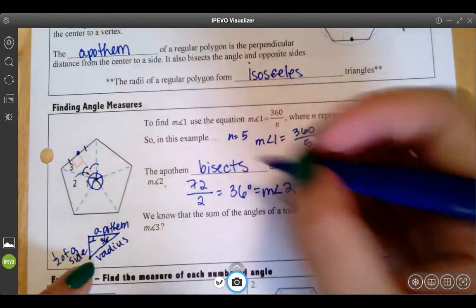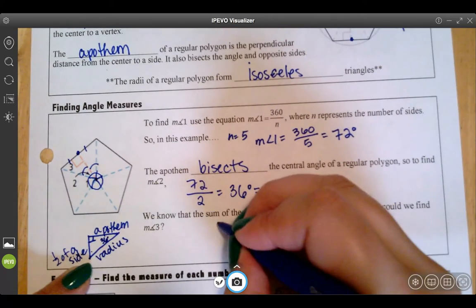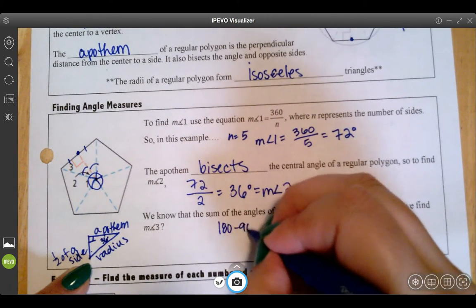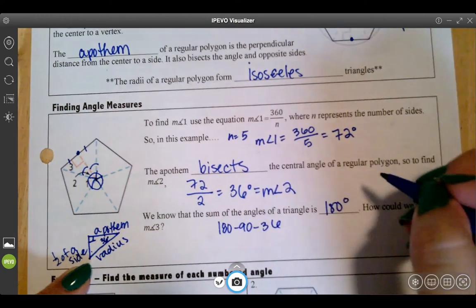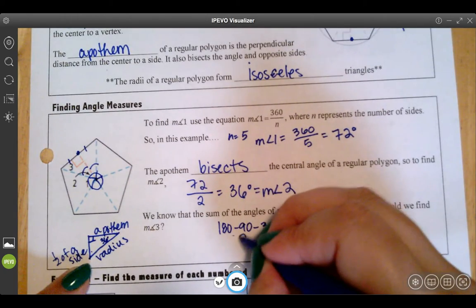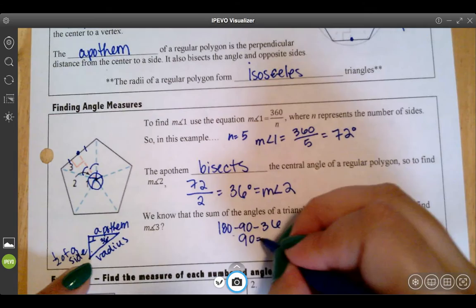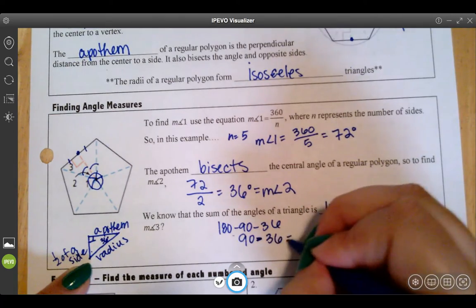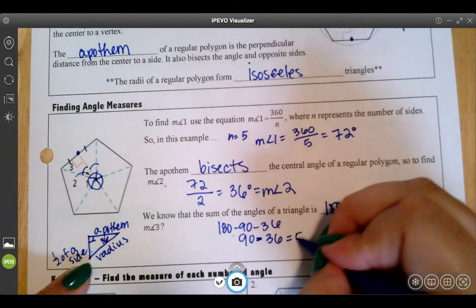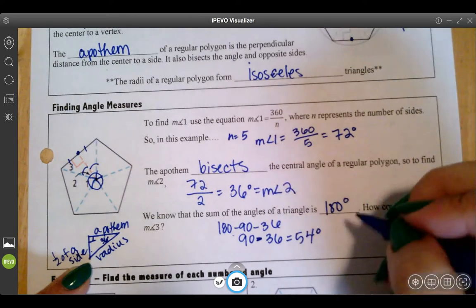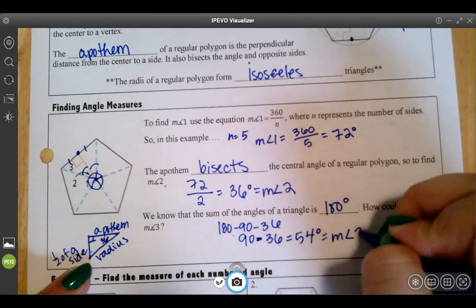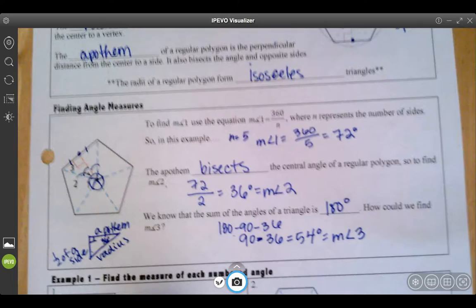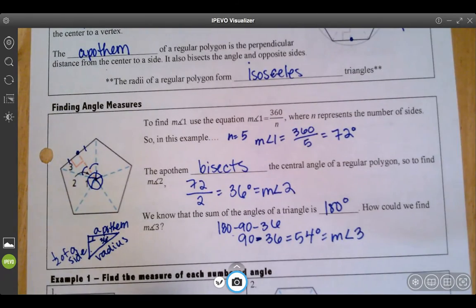And so the measure of angle 3 is 180 minus 90 minus 36. Anytime there's a 90-degree angle, we can also think of it as 90 minus the given angle, which is 54 degrees. So that will be the measure of angle 3. So again, pulling in information that we've been building up throughout the past few weeks.